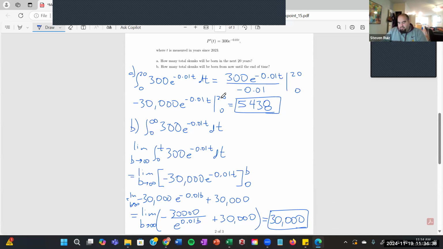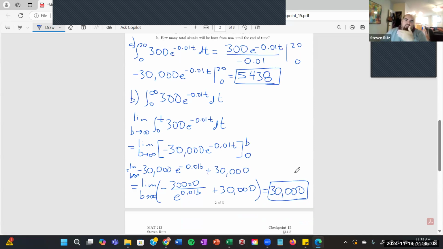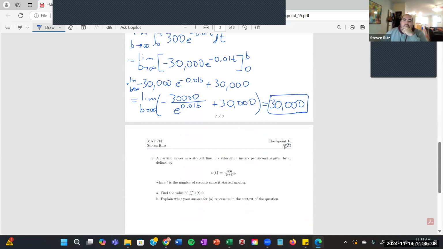So e to the negative 0.02 is 0.818. If I multiply that by negative 30,000, I get negative 24. Yeah, okay. Never mind. I feel better about it. So in 20 years, I'll have 5,000 or so skunks. But if I let this go out to the end of time, I'll have 30,000 skunks. All right, so I feel good about question 2.